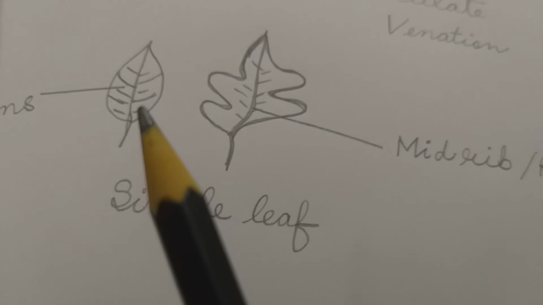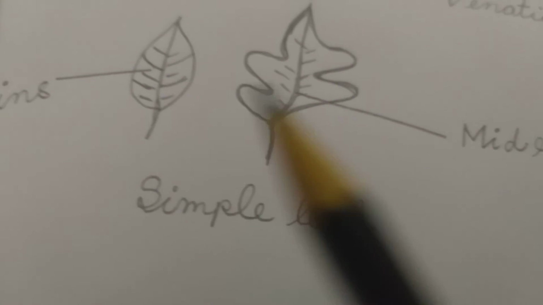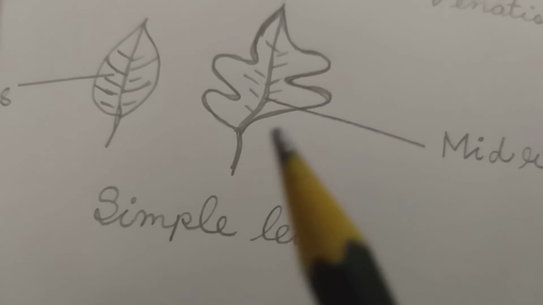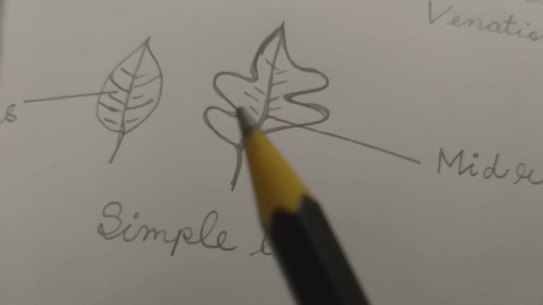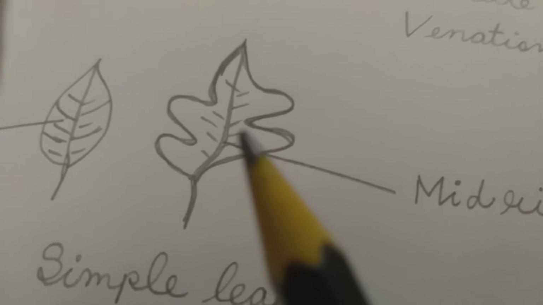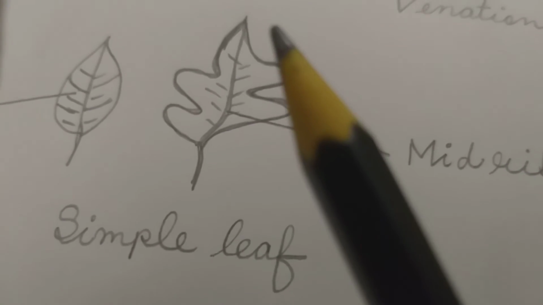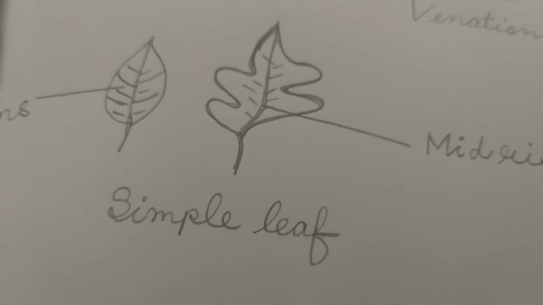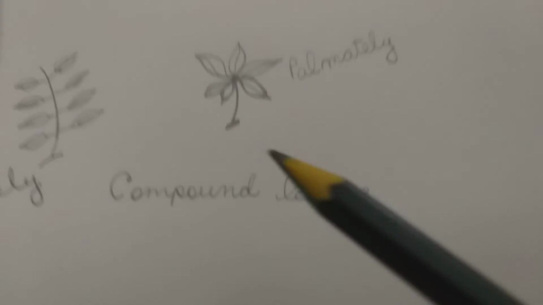This is the entire leaf where the surface is not incised. This is the simple leaf where the edge is incised, but the incisions do not touch the midrib. But if the incisions reach the midrib, the lamina is cut into small segments called leaflets, and the leaf is called compound leaf.